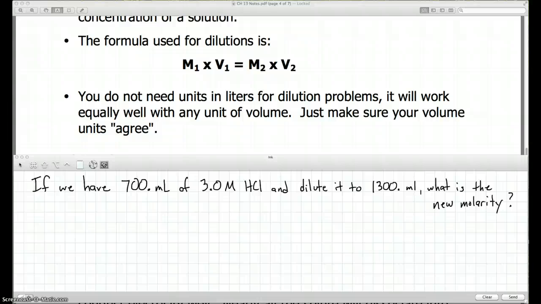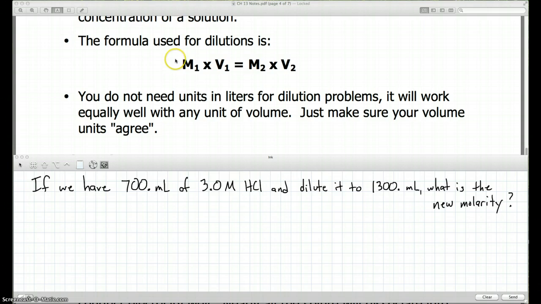One hint that it's a dilution question, and it's different from the other questions we've done so far, is that we've got 3 numbers. We have a volume here, a molarity here, and another volume here. So that's one hint that it's a dilution question.